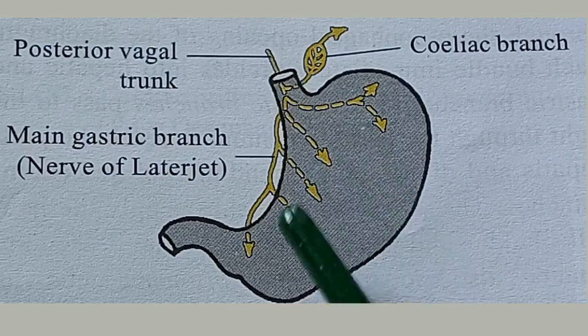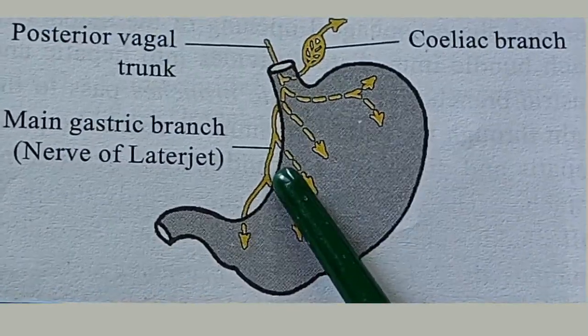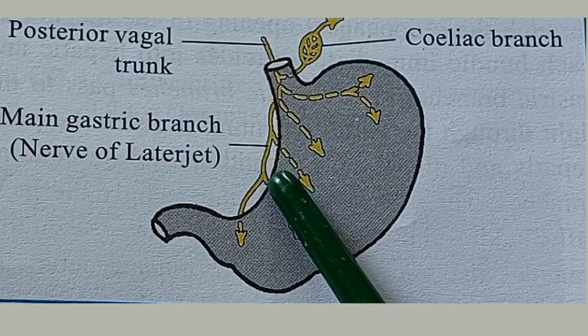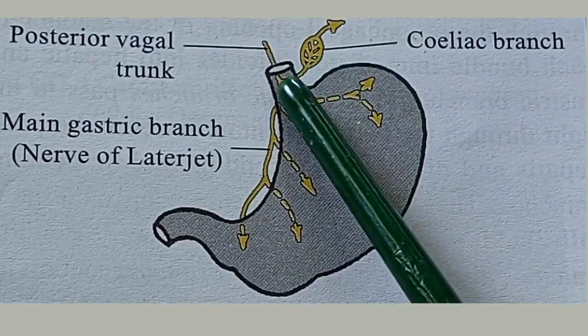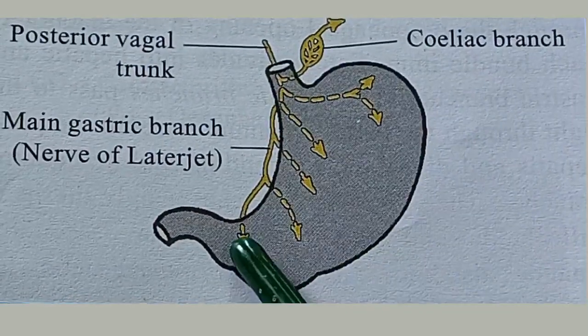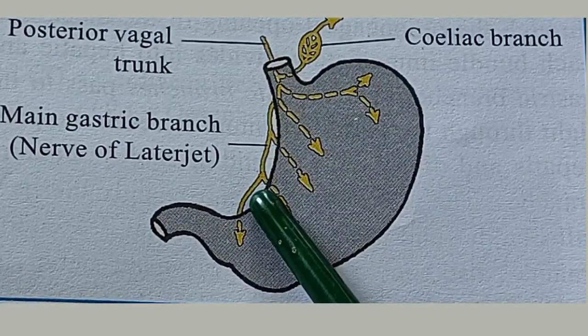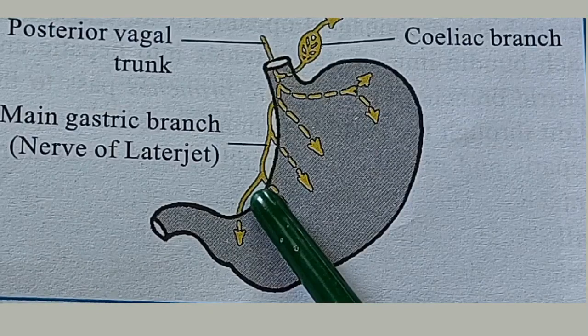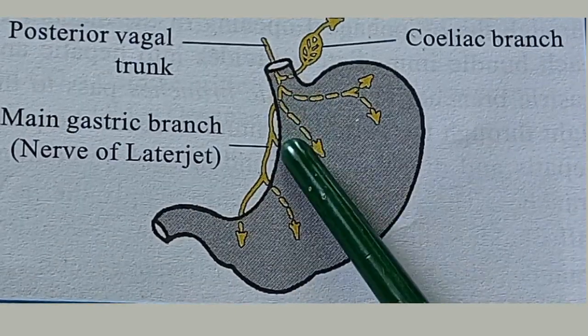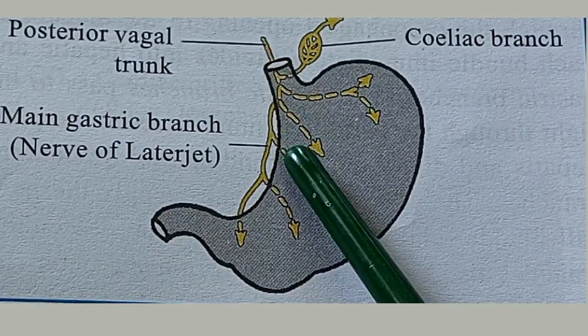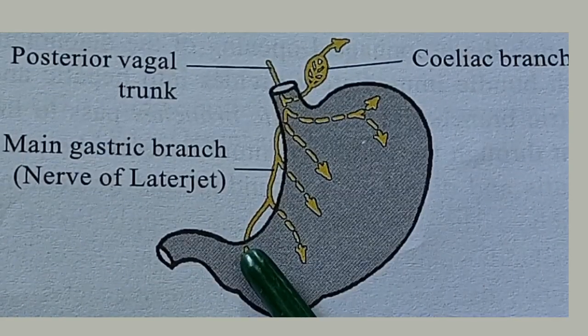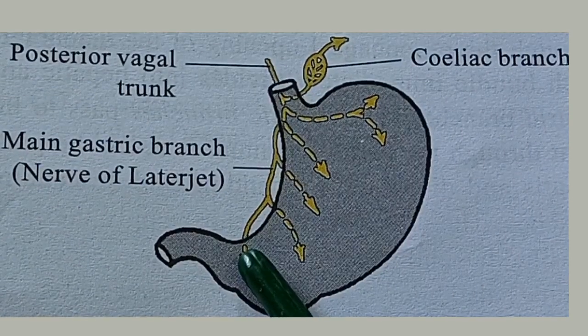The posterior vagal trunk is mainly formed by the right vagus and it divides into the celiac and the gastric branch. The main gastric branch of the posterior trunk, known as the posterior nerve of Latarjet, runs along the lesser curvature and extends up to the angular notch.